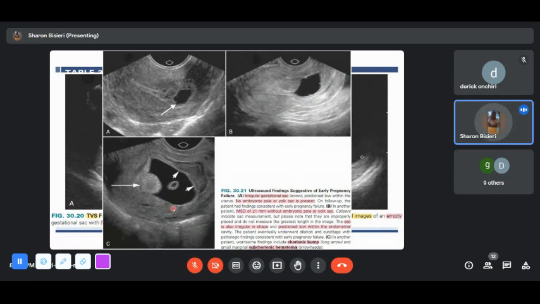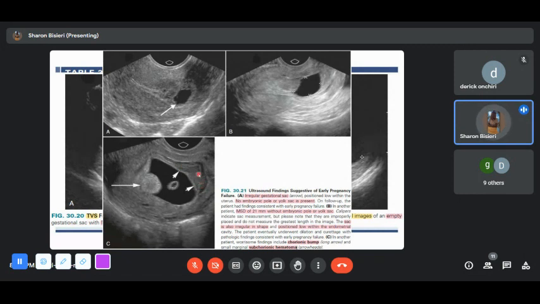On image C, the other additional features that we can see here, it's a transvaginal ultrasound showing the uterus with our gestational sac, but we can see this echogenic bump on this posterior wall, and then anterior to it, we can see a heterogeneously echogenic collection that's consistent with a subchorionic hematoma.